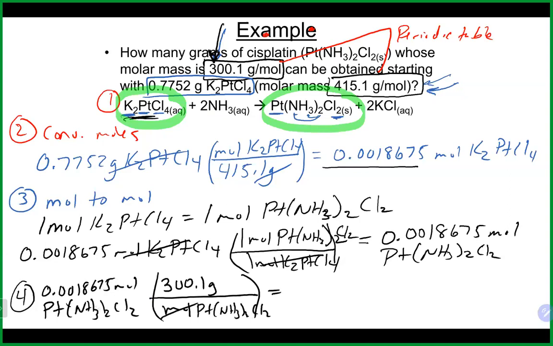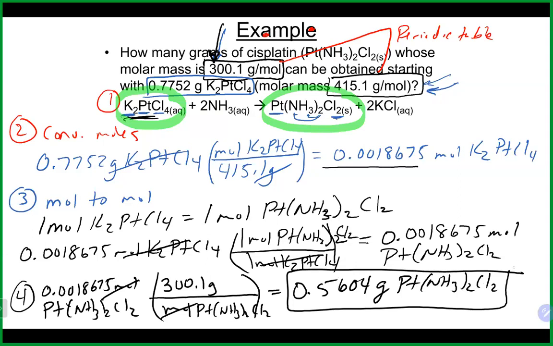The moles will cancel, and that will get us here, times 300.1, 0.5604 grams of P2Cl2 as well. Question on any of those steps?